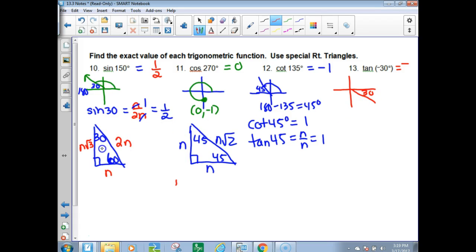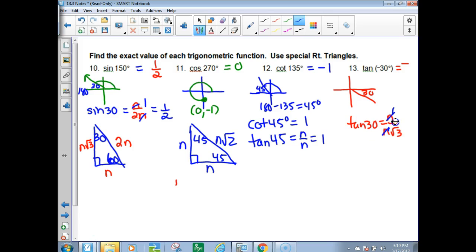So let's go back to our 30, 60, 90. Tangent is opposite over adjacent: the opposite leg, n, over the adjacent leg, n root 3. If I cancel out the n's, I replace them with 1. So that's 1 over the square root of 3.